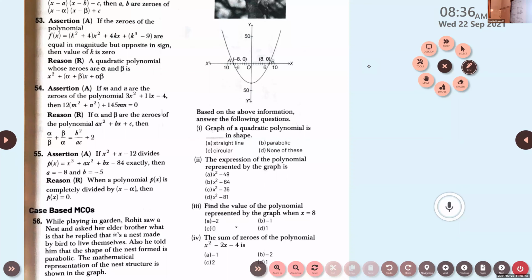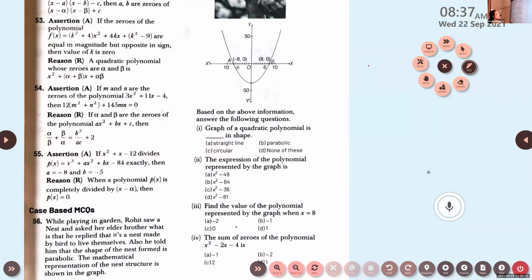Draw that figure. Based on the information we need to answer. Draw a rough figure of parabola. No need of scale and pencil. Draw a rough figure. Okay.